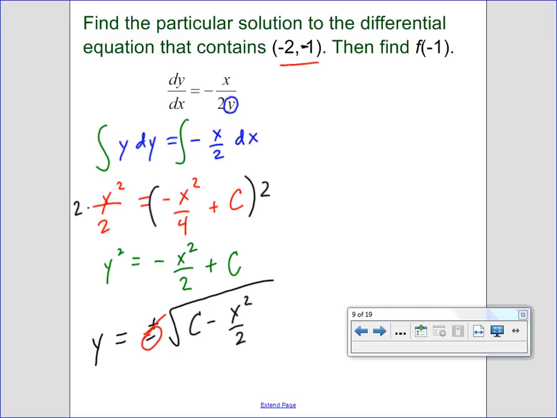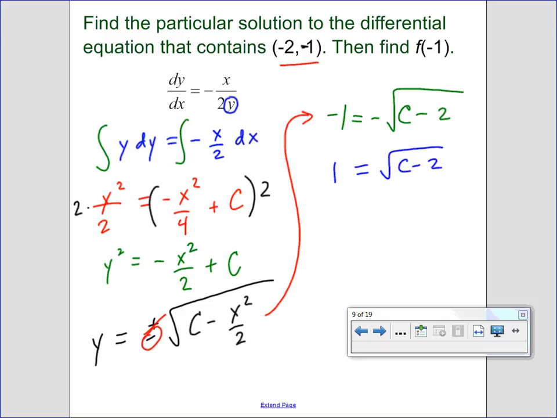So now we'll go ahead and plug in. Here we go. The particular solution then will be given by negative 1 equals opposite of square root of c minus x squared, where x was negative 2, quantity squared is 4, minus 4 over 2 is minus 2. Multiplying both sides by a negative produces positive 1 equals positive root c minus 2.